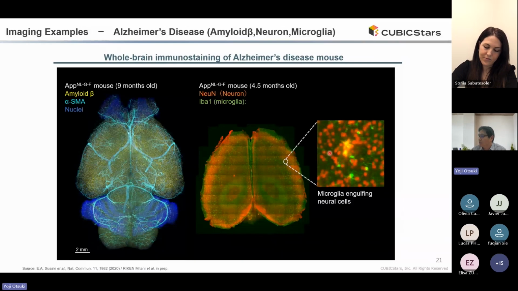This is a very rare phenomenon, but this 3D imaging can provide such information, and also not only identify these phenomena, but this data can also be used to quantitatively analyze the numbers and distributions of such specific phenomena inside the brain or other organs.